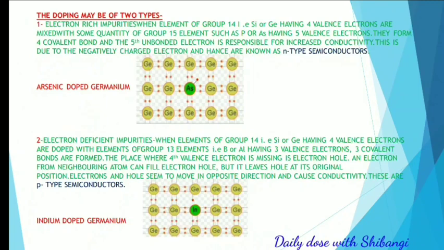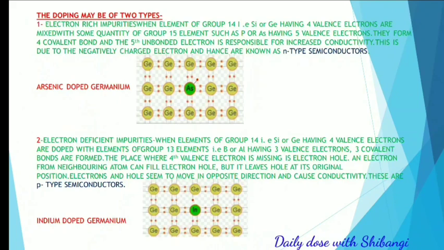First, electron-rich impurities: when an element of group 14, that is silicon or germanium, having 4 valence electrons, is mixed with some quantity of a group 15 element such as phosphorus or arsenic, having 5 valence electrons, they form 4 covalent bonds and the 5th unbonded electron is responsible for increased conductivity. This is due to the negatively charged electron and hence these are known as N-type semiconductors.